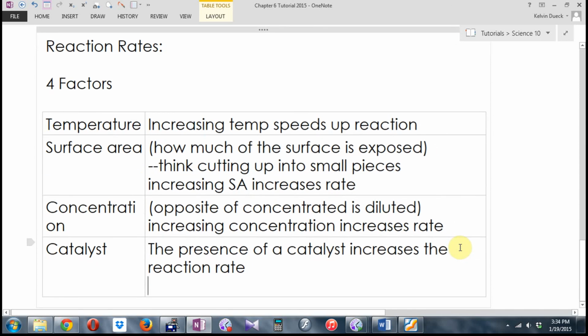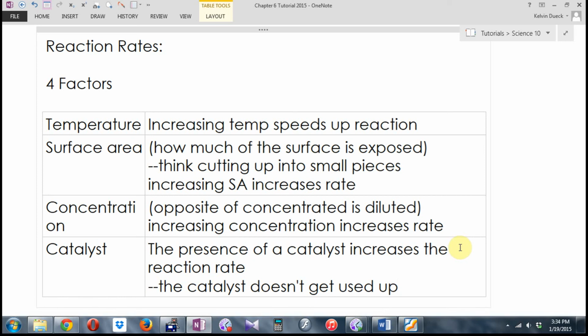What's neat about a catalyst is it doesn't get used up. Your cars have catalytic converters, although the catalytic converters work faster when your car heats up. Your car puts out most of its pollutants in the first 30 seconds or so when you start it up, but then as your engine heats up, heat also increases the reaction rate. So now you have a catalyst that's pulling the pollutants out, and the heat causes the pollutants to be removed faster.